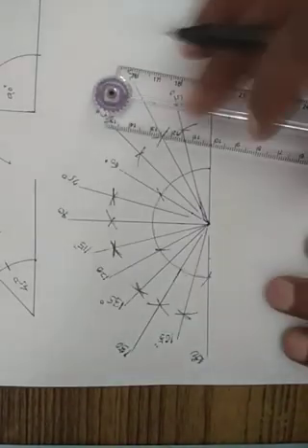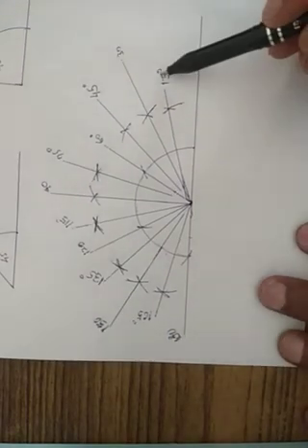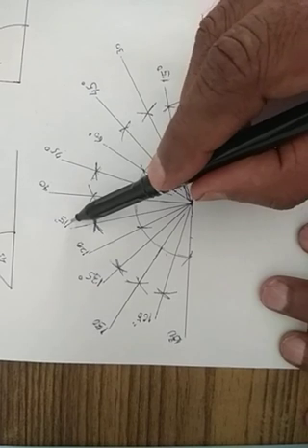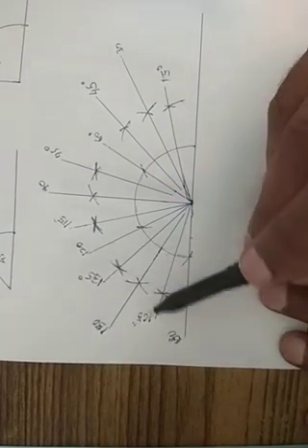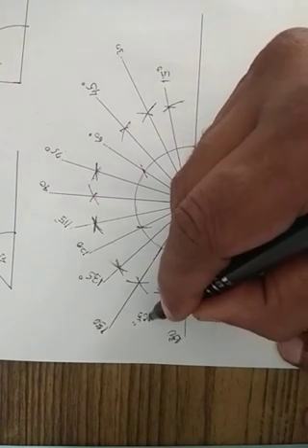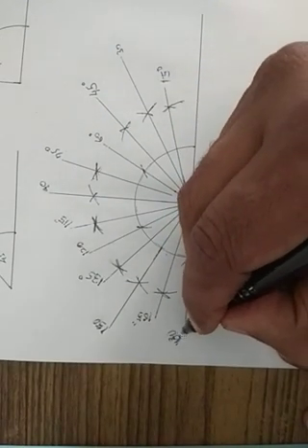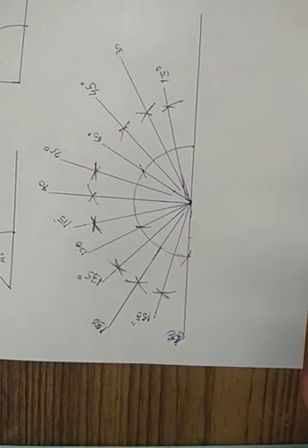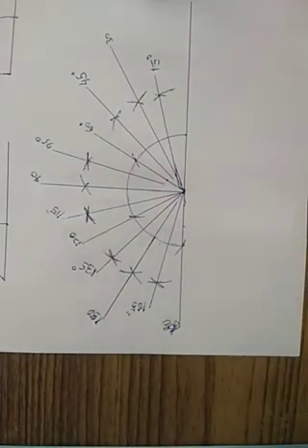So just see the students. I have drawn for this point 15, 30, 45, 60, 75, 90, 115, 120, 135, 150, 165 and 180 degree. Is it clear? So do more practice of this one so that you can learn more.